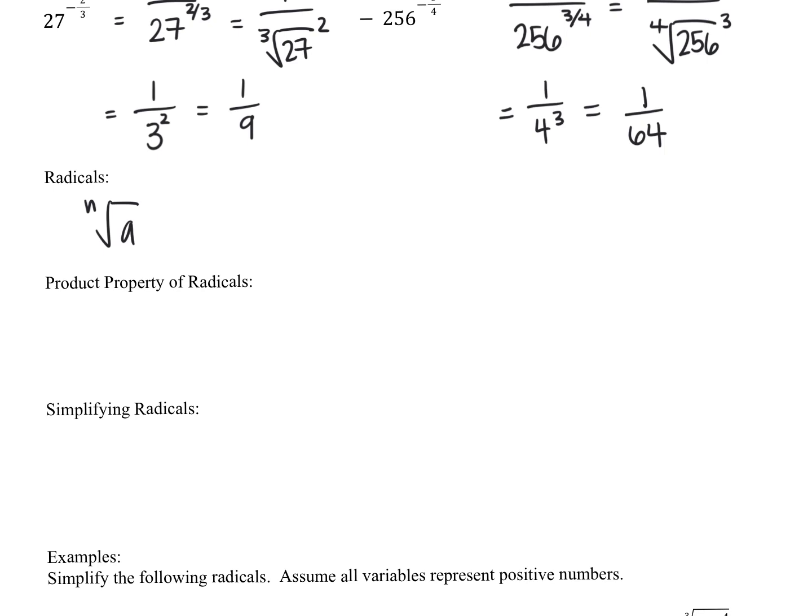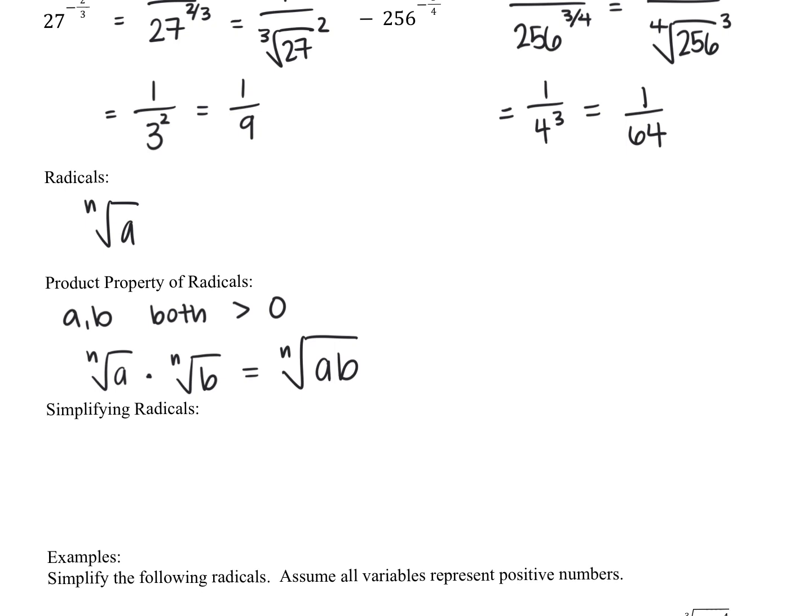So what we're going to also discuss is the product property of radicals. So if you have two numbers a and b, which are both greater than 0, and I have the nth root of a times the nth root of b, I can go ahead and multiply those and I get the nth root of a times b.